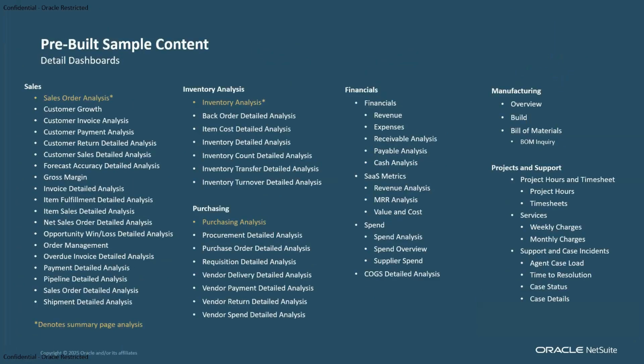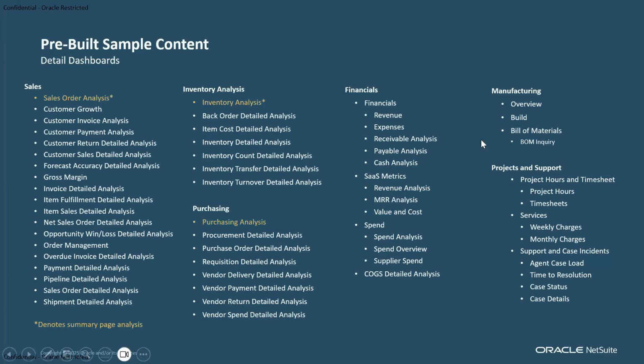When we talk about pre-built sample content, this is basically all of the out-of-the-box dashboards that come with NSAW. As you notice, there's quite a bit of functional areas when it comes to sales and procurement, and inventory and financials. A lot of times, especially in financials, we want to be able to look at our revenue and expenses and look at things like our spend analysis and look at our suppliers.